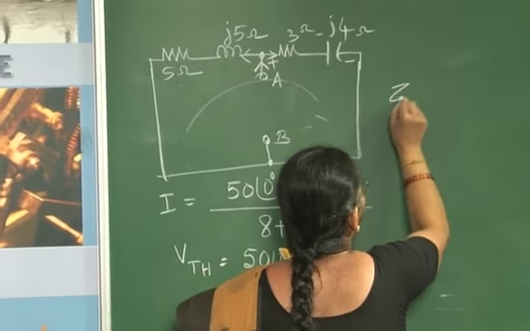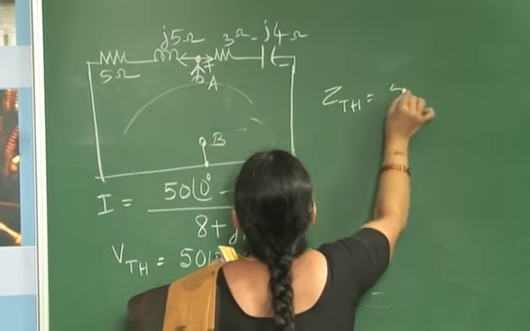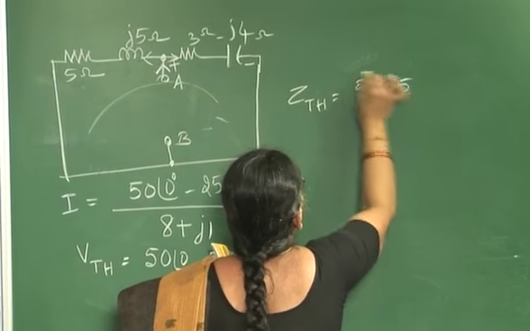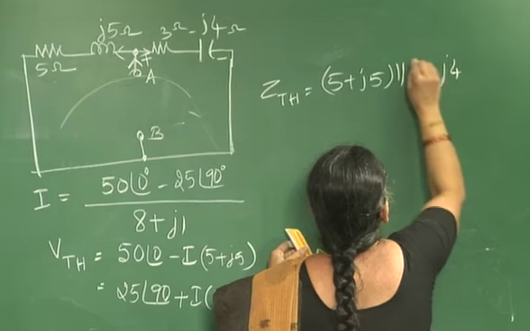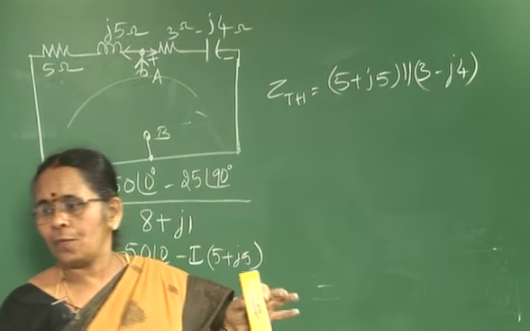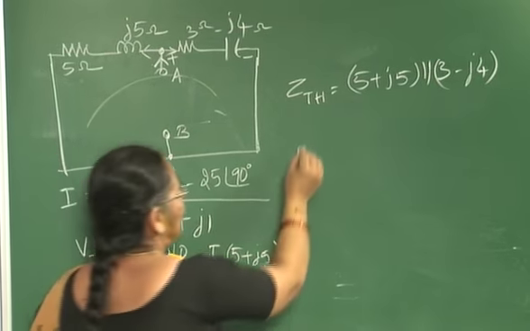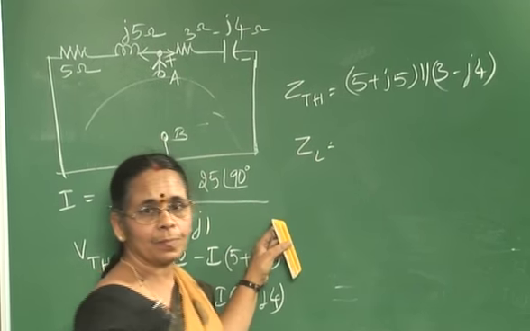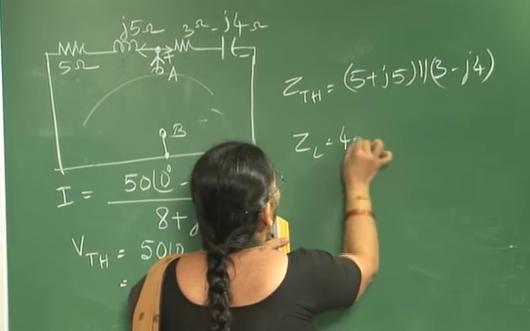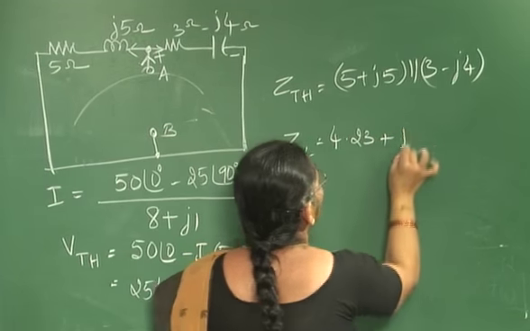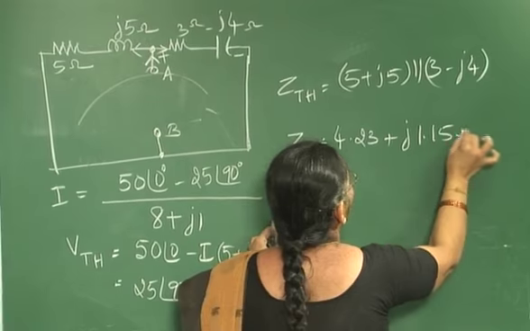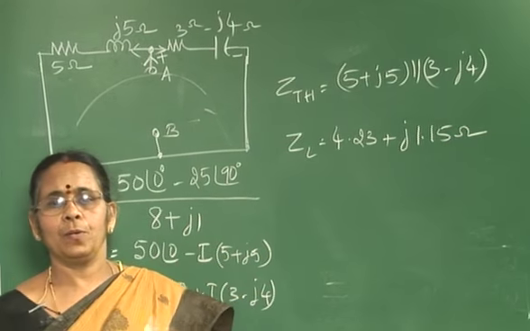So your Z Thevenin is equal to 5 plus J5 in parallel with 3 minus J4. After solving it, you are going to find ZL as 4.23 plus J1.15 ohms. That's the value you are going to find.